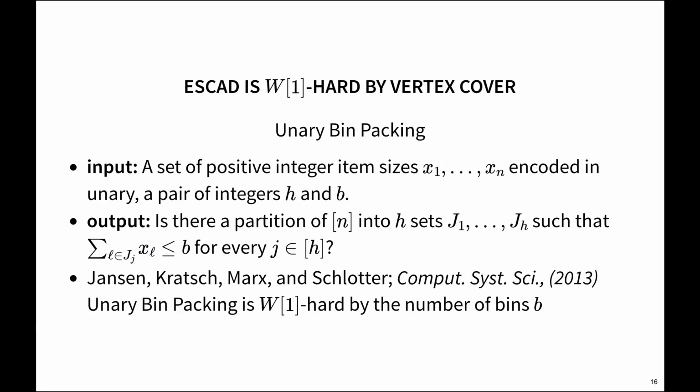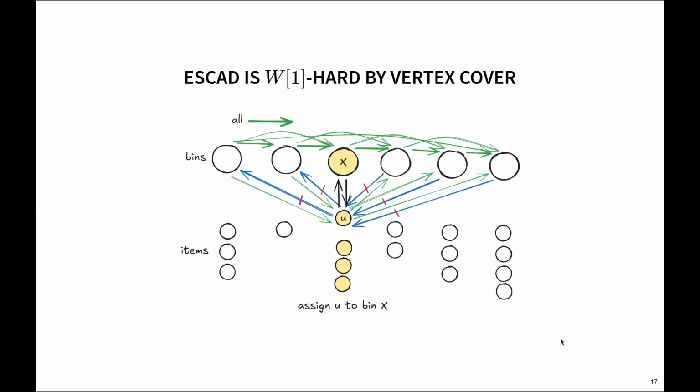The aim is to fit the items into the bags so that the sums of weights of these items are at most the budget or the size of the bags. This was shown to be W1 hard by the number of bins, or bags as I call them. And how we do this is that we model each bin by its own small imbalance gadget. I will show that one later.